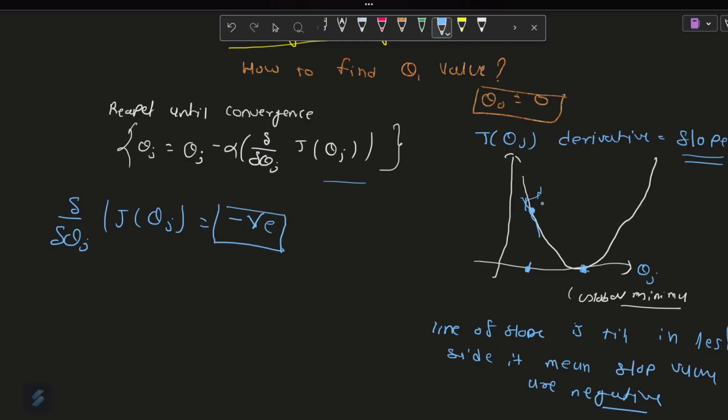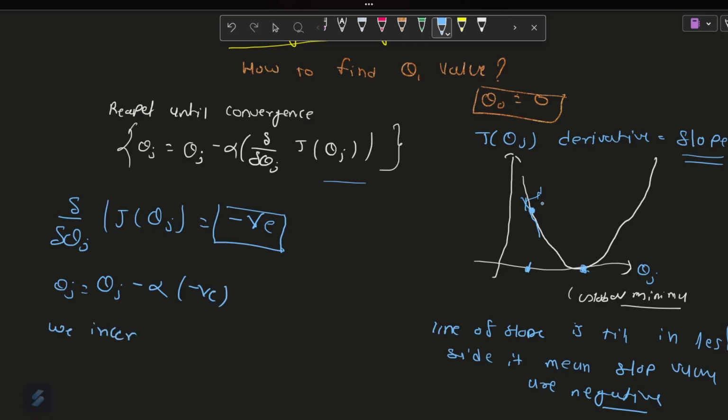In that case, the convergence algorithm for finding the theta value looks like this: theta j is equal to theta j minus alpha times a negative value. So the negative and negative become a positive, and we simply increase the theta j value.